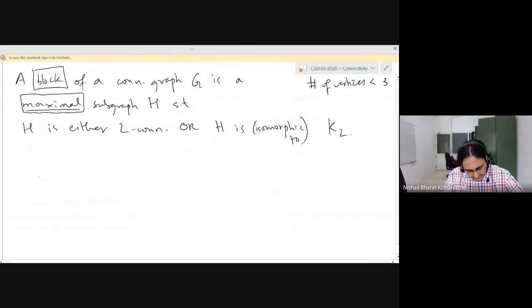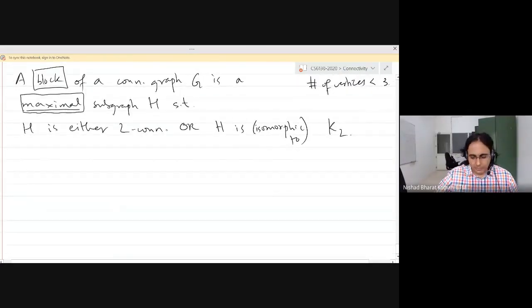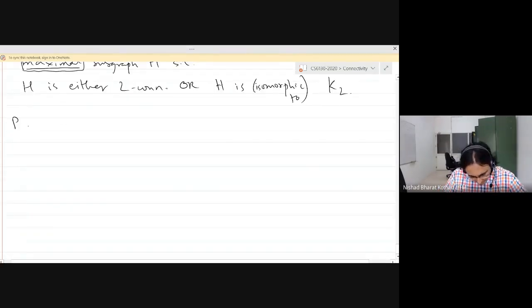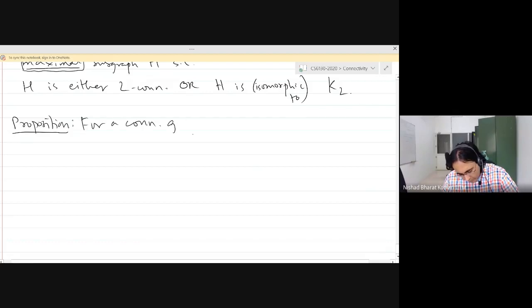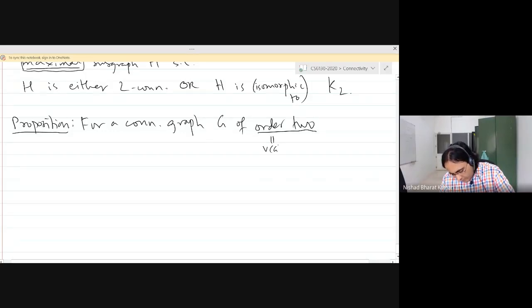So I want to write down a proposition, and I think I will prove it. For a connected graph G of order 2 or more, where order means the number of vertices.